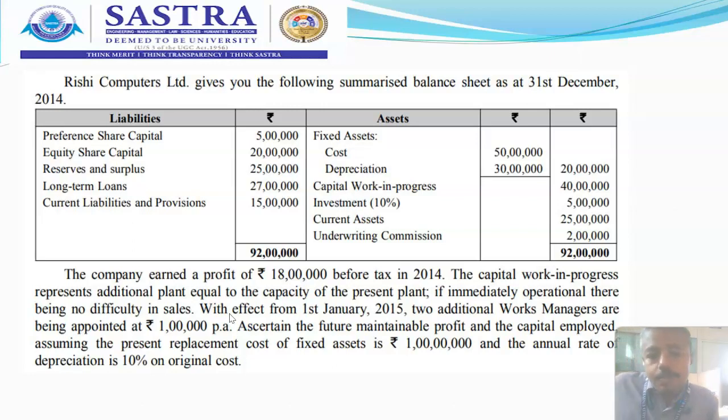Then exclusion of any capital profit or capital loss or capital receipt or capital expenses included in the profit and loss account. Next, adjustments for any matters suggested by notes which are appended to the accounts or by qualifications in the auditor's report.